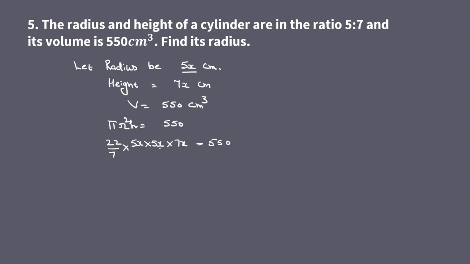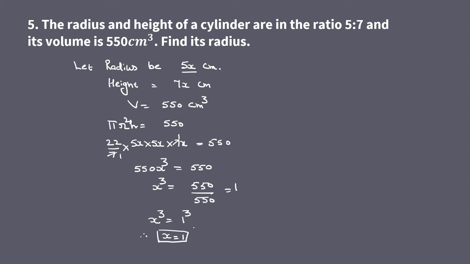So here x into x into x is x cube. 7 cancels with 7, and the remaining one is 550 x cube is equal to 550. So here x cube comes out to be 550 upon 550, that is 1. We can write 1 as 1 cube. As x cube is equal to 1 cube, therefore x comes out to be 1.